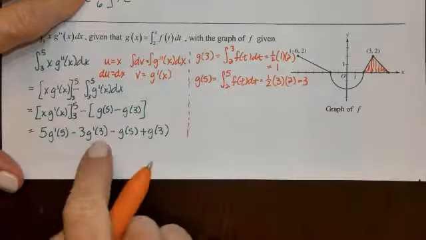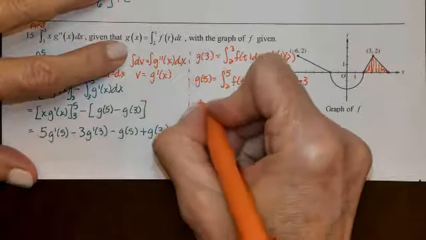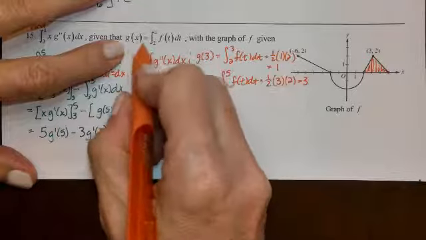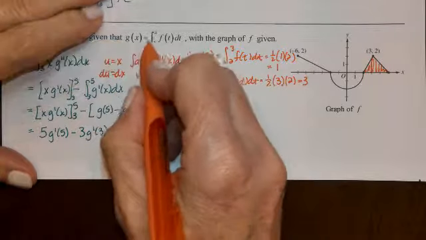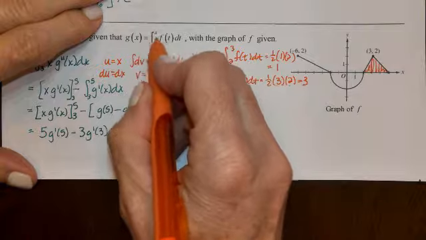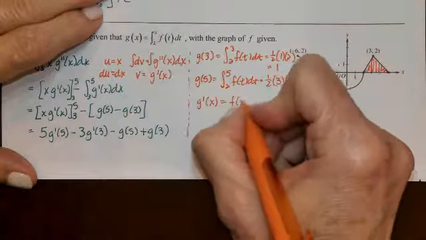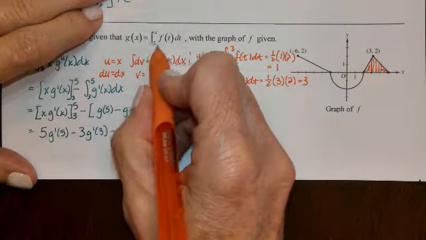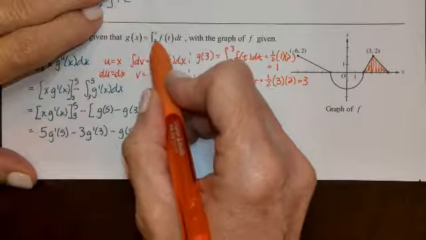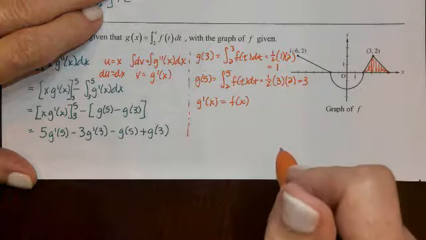Now what about g prime of 5 and g prime of 3? Well, here's g. For g prime of x, we take the derivative of both sides, right? And the derivative of this integral is, the derivative of x is just 1, so it's just f of x. By the way, the derivative of 2 is just 0, so that's why the bottom boundary here, if it's just a constant, does not factor into g prime at all.